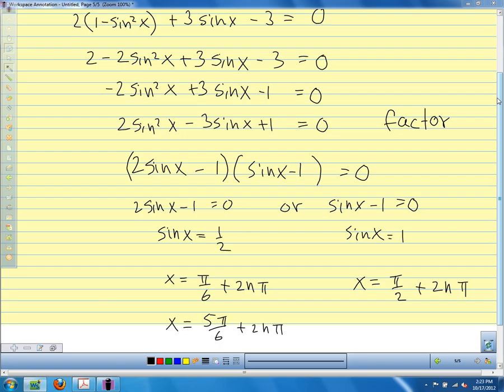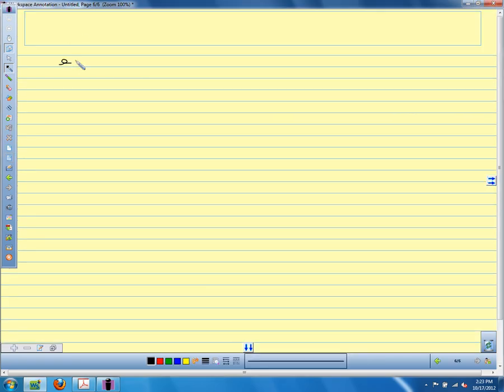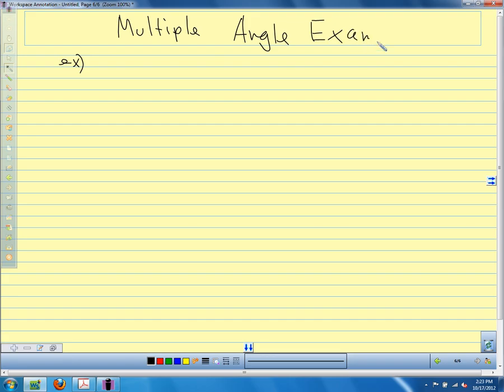All right, let's look at one last example and then we are done for today. Sometimes we have an equation that involves multiple angles. And it just adds one little detail to what we're doing.